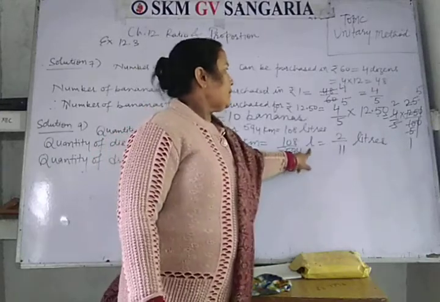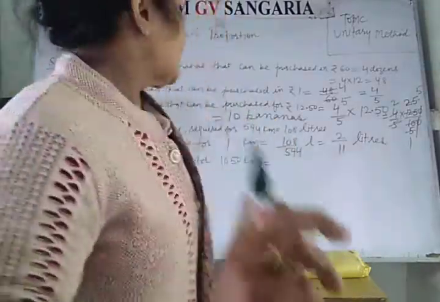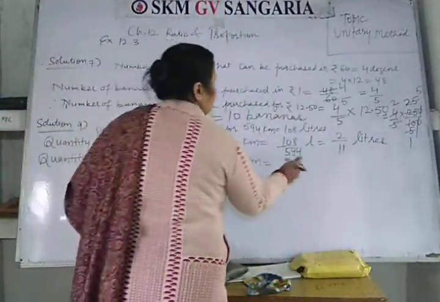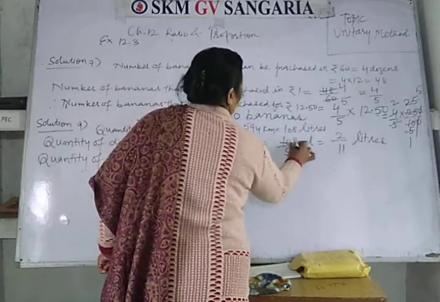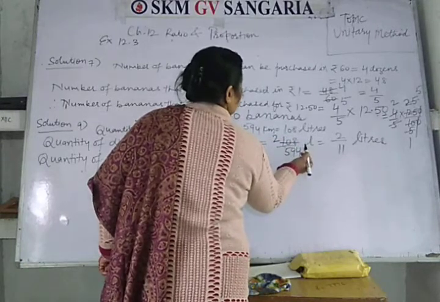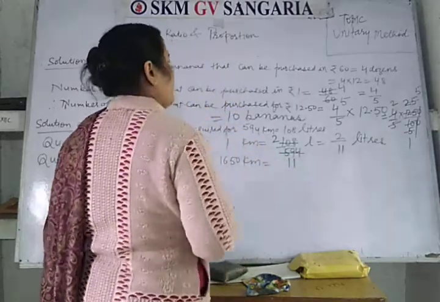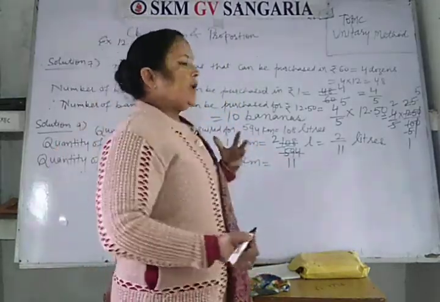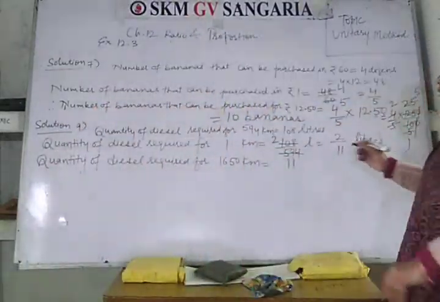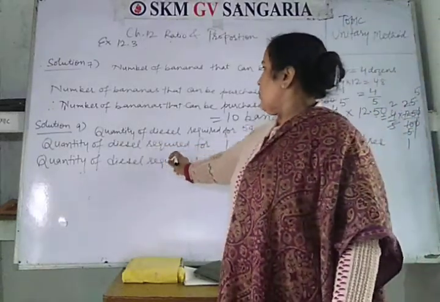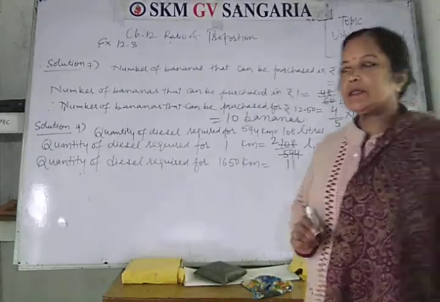So the unit can be written here in liters. Then you can simplify with which table here? 54 ones are 54 and 54 twos are 108. So you can simplify yourself. After simplifying, you will get quantity of diesel required for 1 kilometer is equal to 2 upon 11 liters.